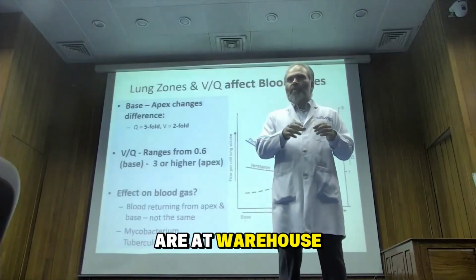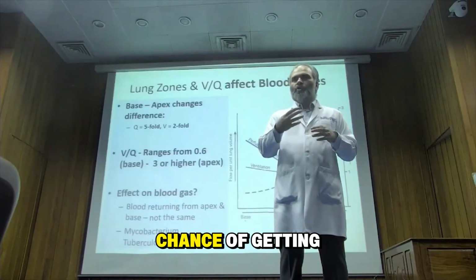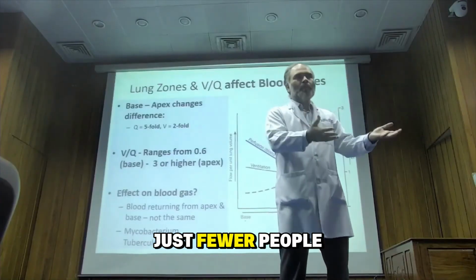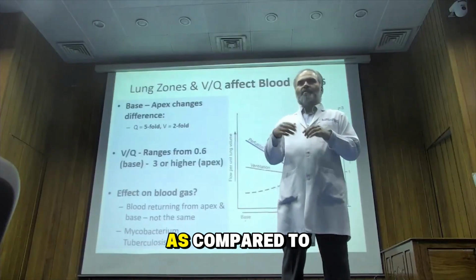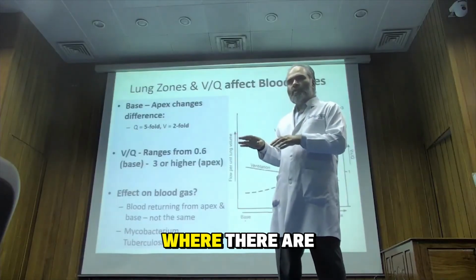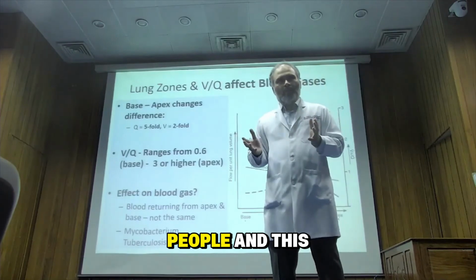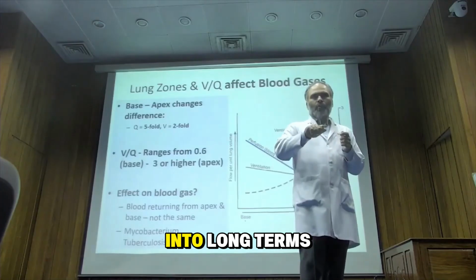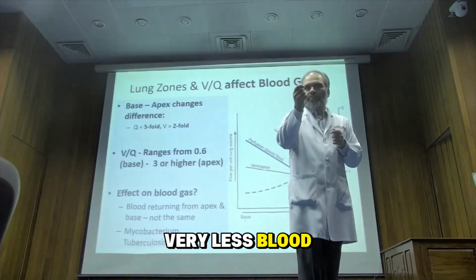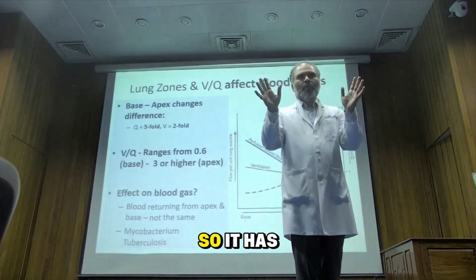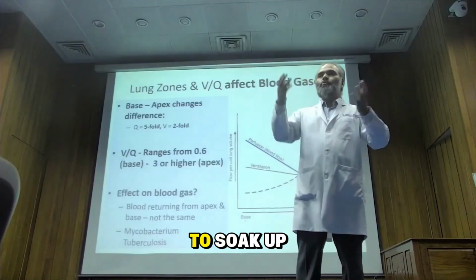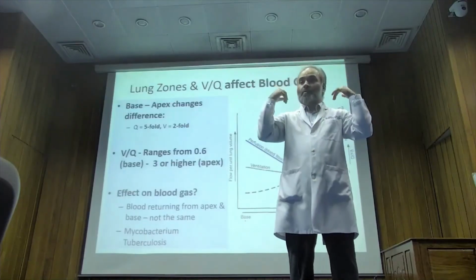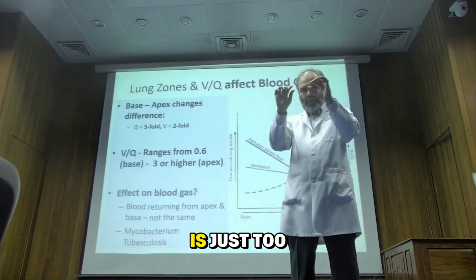If you are at warehouse one, you have more chance of getting a packet, or maybe more packets, because there are just fewer people and lots of boxes as compared to warehouse two, where there are a lot of people and fewer boxes. So converting it into lung terms: very little blood, lots of air. So it has all the time to soak up more oxygen and give out more carbon dioxide, because the air is just too much and the flow is just too little.